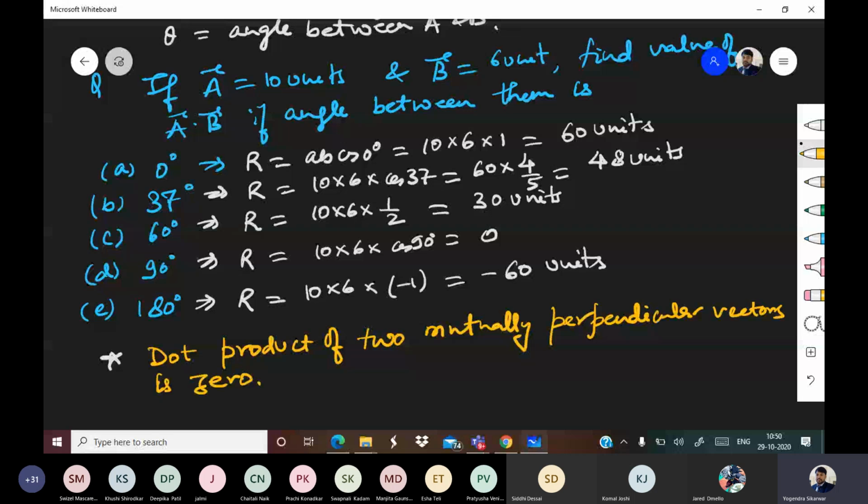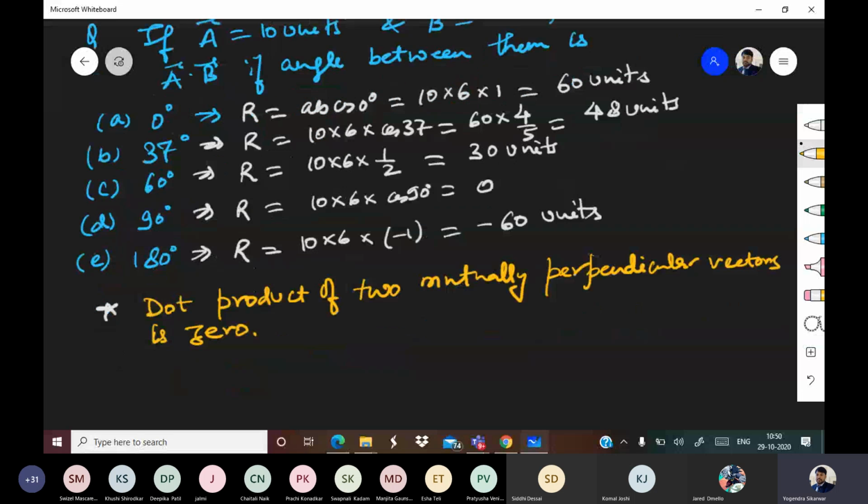What does it mean? It means that if two vectors are mutually perpendicular, their dot product will be 0. Alright. Let us move further.